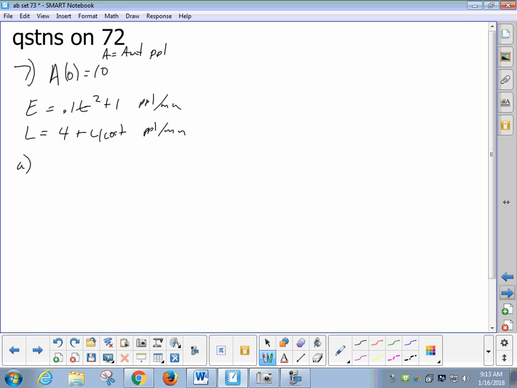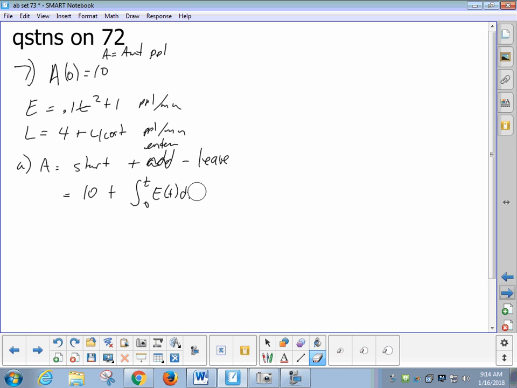Wouldn't you agree that the amount of people in the store at any time T would equal start plus add minus leave, or enter minus leave? So the starting amount is 10. The number added is the rate at which they're added, E of T, times a small time interval, adding all those results from 0 to any point T. Since I'm using T up there, I can't use it down here.